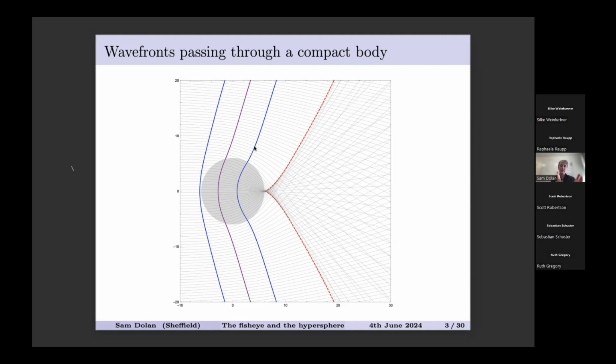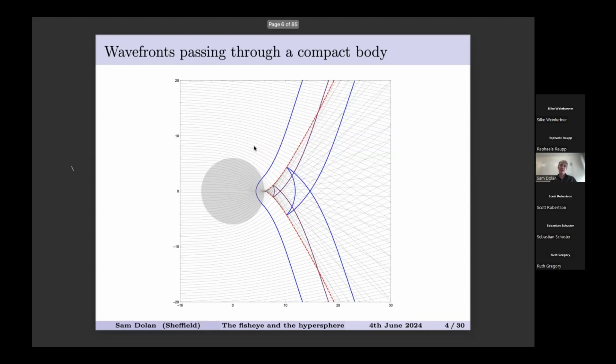Now let's think about some wave fronts that are being pulled along those null geodesics or light rays. We've got three of them here. And the parts that pass through the body, so deeper into the potential well, they're retarded, they're kind of held back until eventually a cusp forms in the wave fronts. And in fact, it's a pair of cusps. The pair of cusps then travel along the dashed caustic as shown.